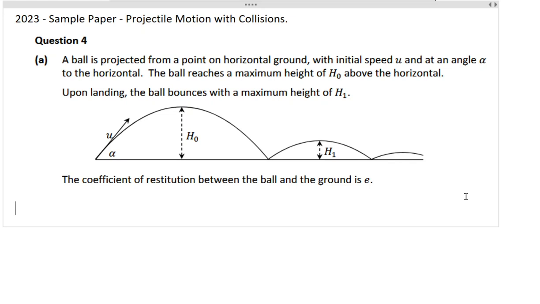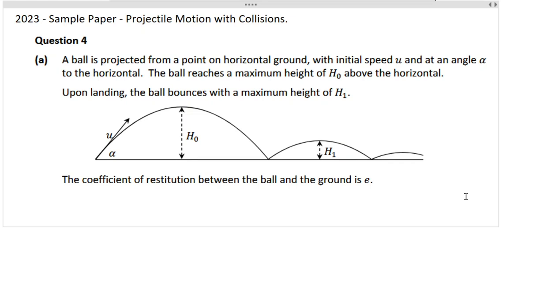Then we can use that to find the height for the second bounce. So the first throw we use to find h0, which will hopefully let us find something to do with h1, and it's implying there's another bounce there. So we'll see what happens.